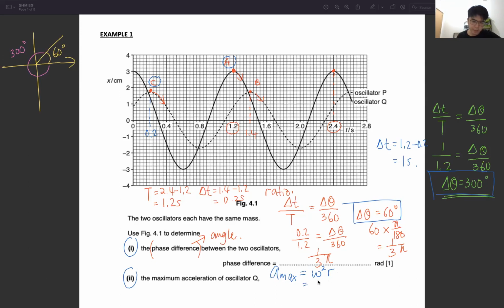Since we already know the period, we just put in 2 pi over the period, which is 1.2, squared, for omega. Be careful with the unit also. Here, this one is what? 3 centimeters, so 0.03. Right, let's calculate this, we get 0.822 meters per second squared. That is my answer.